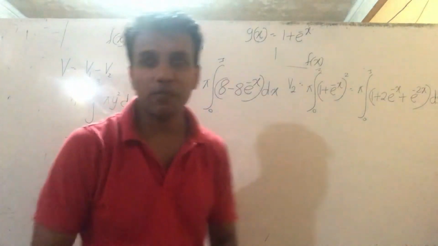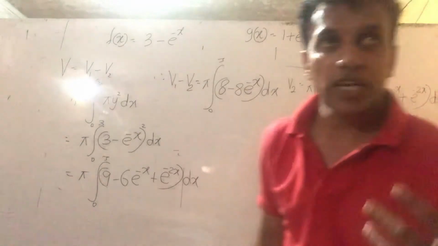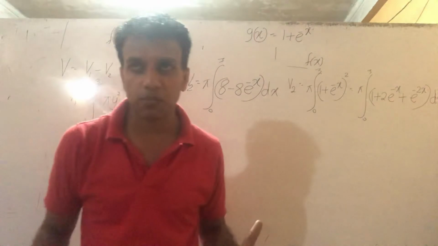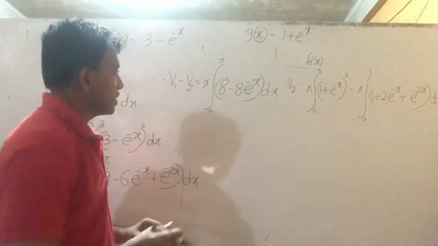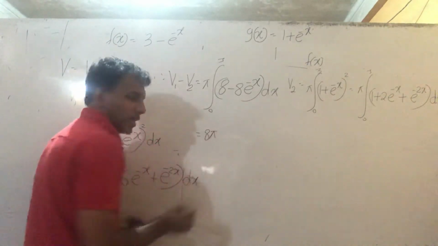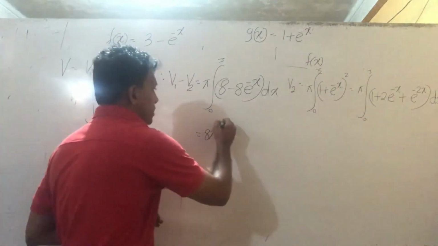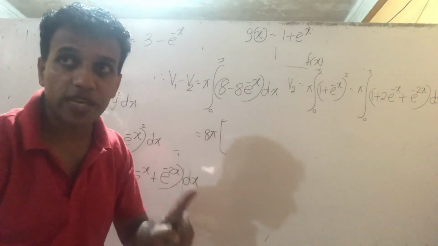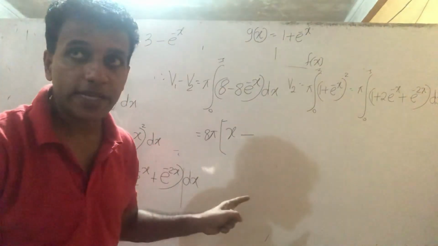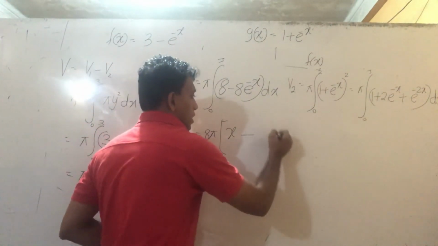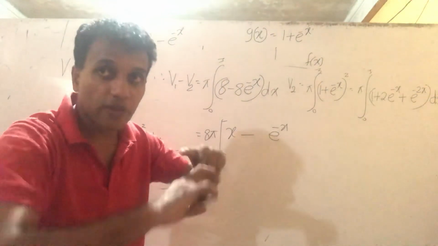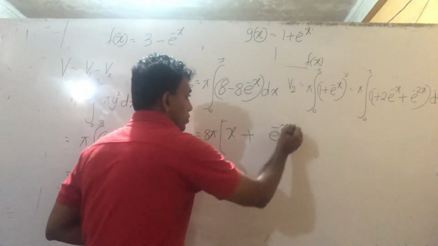Now use your simple basics of integration, area under the curve or volume under the curve. They want the big integration, the small integration you need. So we integrate now. Pi, can I take the 8 out? 8 also take out. So integrate: the integration of 1 is x, minus, the integration of e to the power is e to the power, and the power's differentiation is minus 1, so the reciprocal becomes plus.